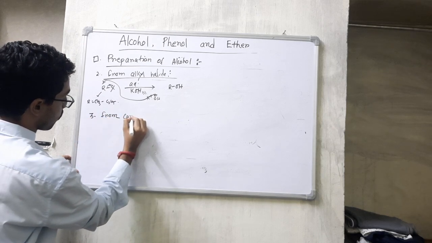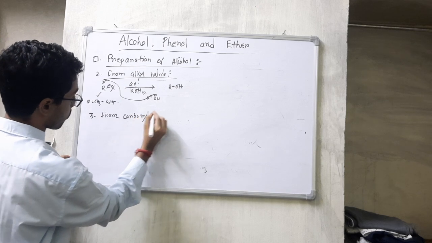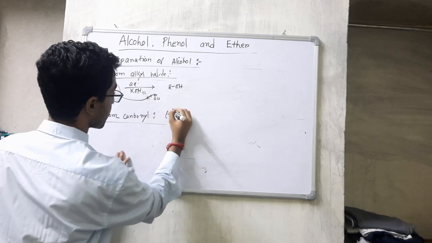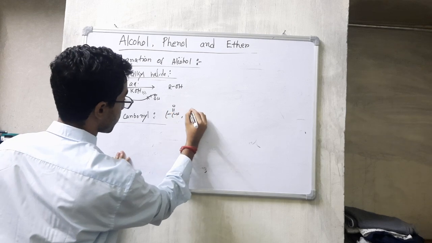Number 3, from carbonyl compound. What are the carbonyl compounds? Carbonyl means either aldehyde or ketone.